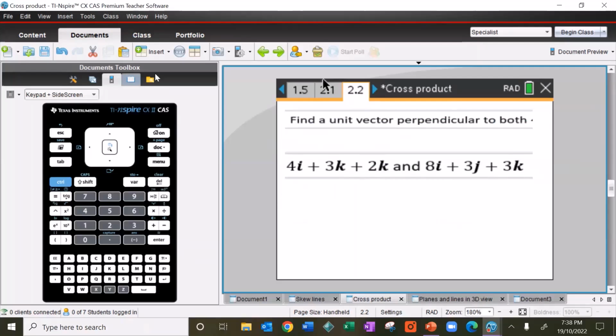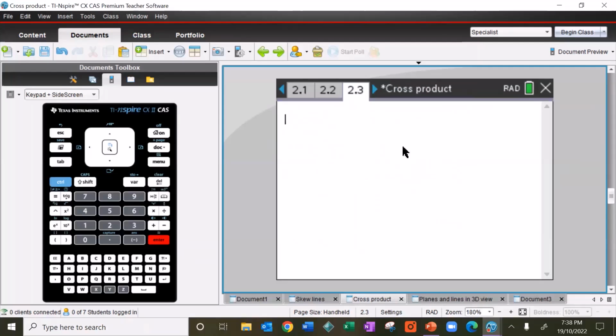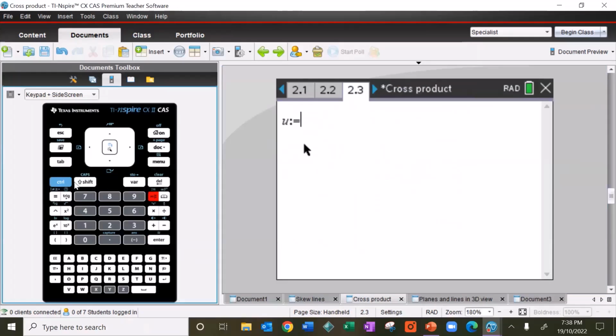So likewise, I will get a new calculator screen and I will say my vector u was 4, 3, 2, and then my vector v is 8, 3, 3.